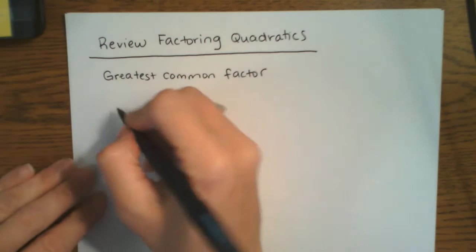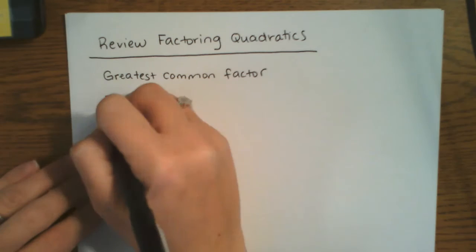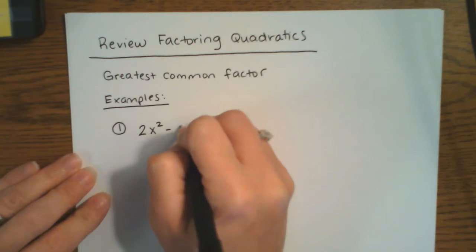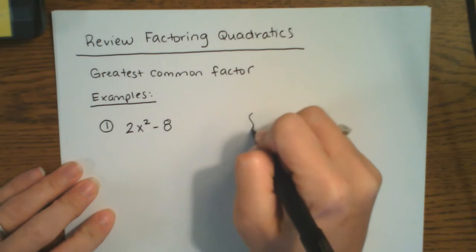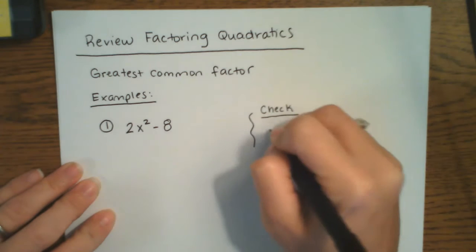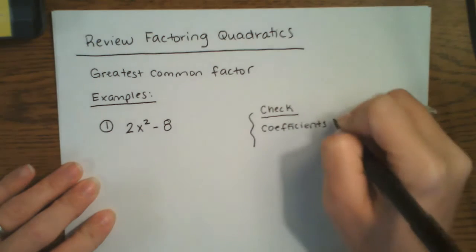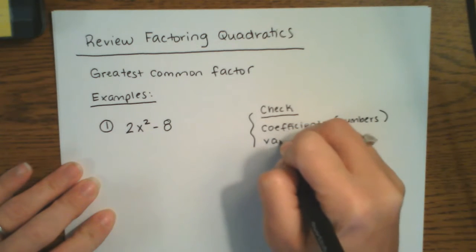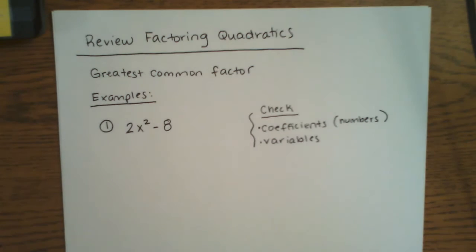Okay, so we'll look at a couple of examples. When you're looking for the greatest common factor, you're going to check the coefficients or numbers and the variables, and you're going to see what they have in common.